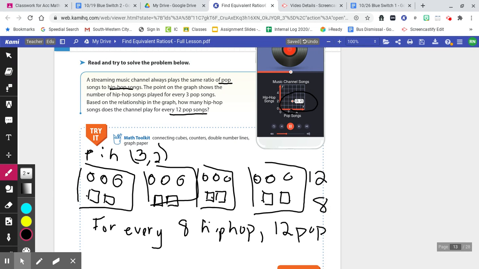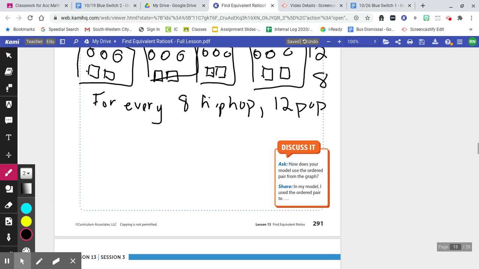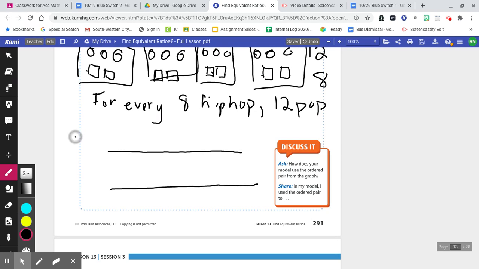If I wanted to do that on a table or a double number line, let's do this. If I had a double number line, and this is my pop songs, and this is my hip hop, I'd start with 0 and 0. If I had 3 pop, I have 2 hip hop. So 6 pop would be 4 hip hop. 9 pop would be 6 hip hop.